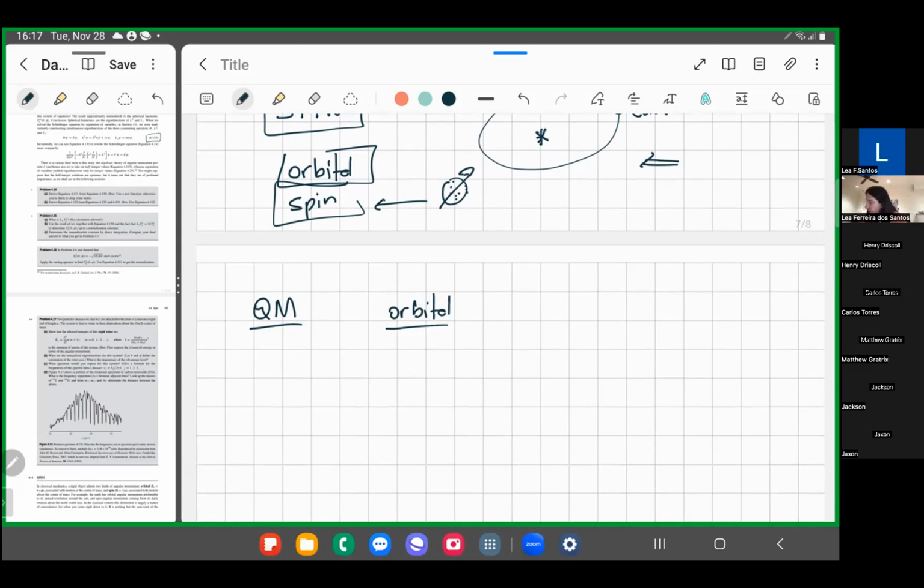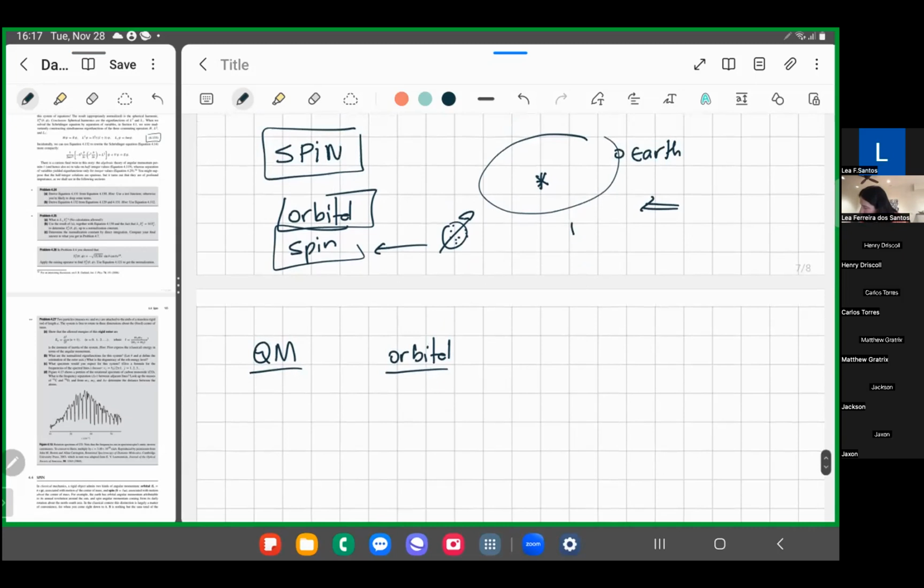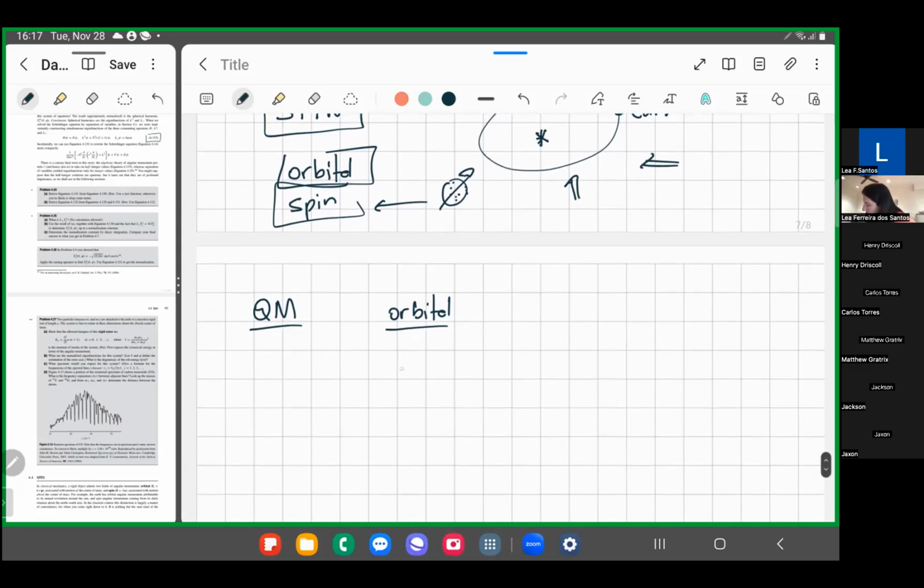But we said, well, careful with this picture of the planetary system, because the electron is actually a cloud around the proton. It's not just a little thing moving around. So we still have the angular momentum, the orbital angular momentum, fine. And we still have the spin. So we still have the two entities.